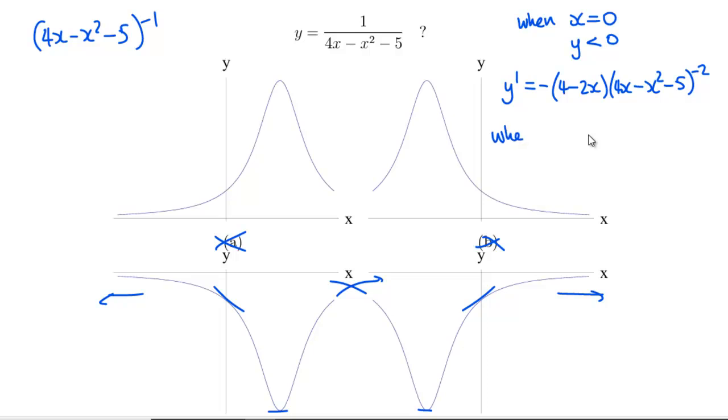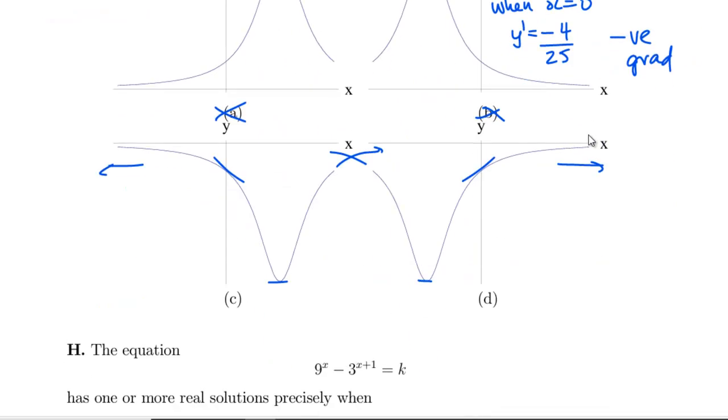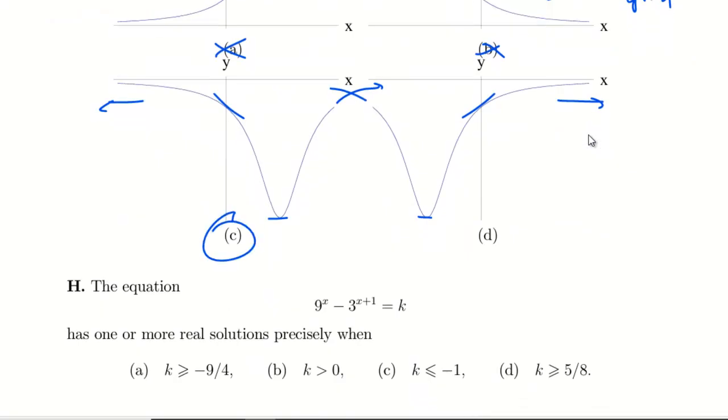So when x is equal to 0, y dash is a minus times 4, then whatever this is going to be, which is 0, 0, minus 5, 1 over minus 5 squared, over 25. So we've got a negative gradient when x is 0. So it's going to have to be C from that process of elimination. So C.